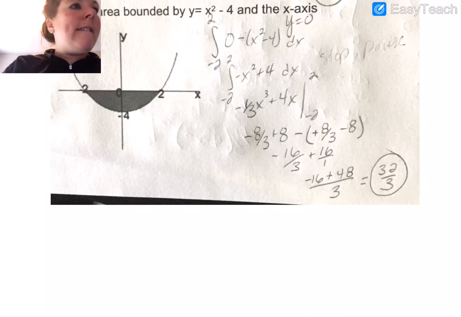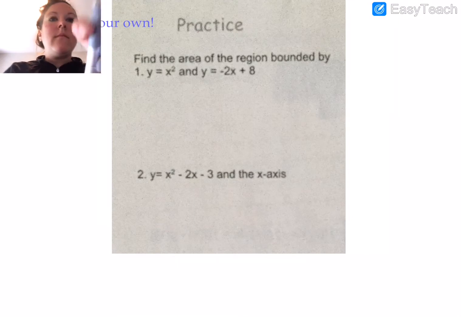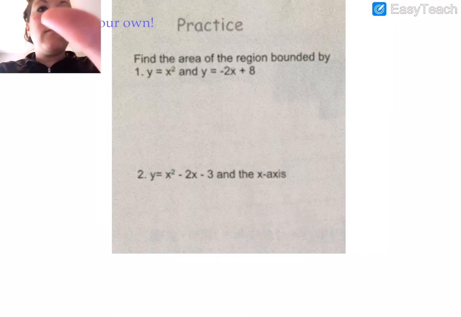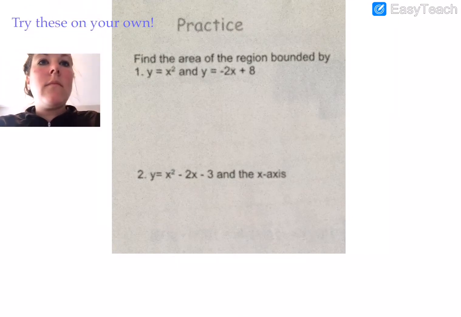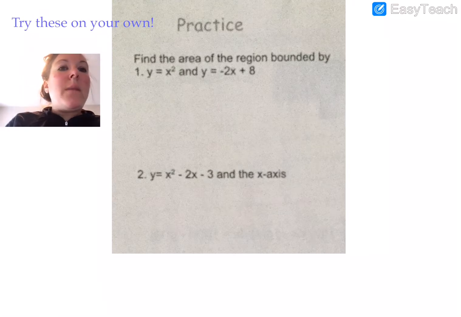All righty, what I want you to do now is try these on your own: the setup, the calculation, everything.